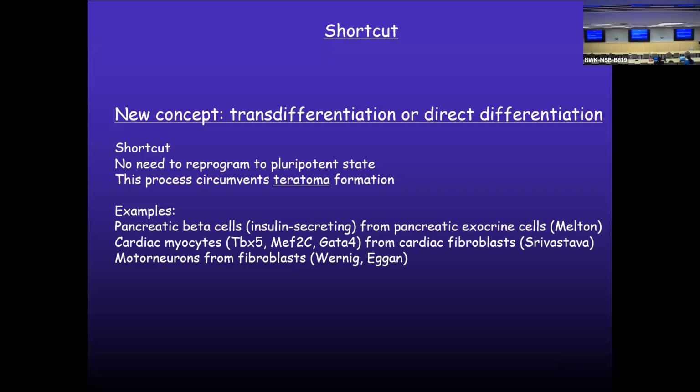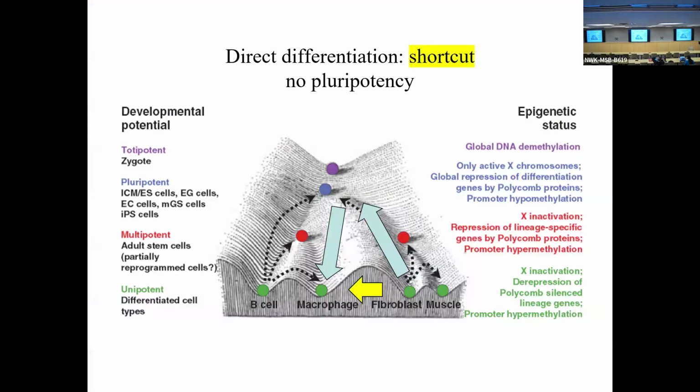And this is what we have here. So here, for example, Yamanaka's vision was this. I have a fibroblast, I convert it into an embryonic stem cell-like, okay, pluripotent, teratoma, and then I differentiate that iPSC into a macrophage, for example.